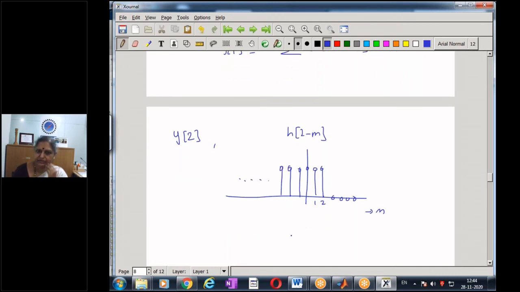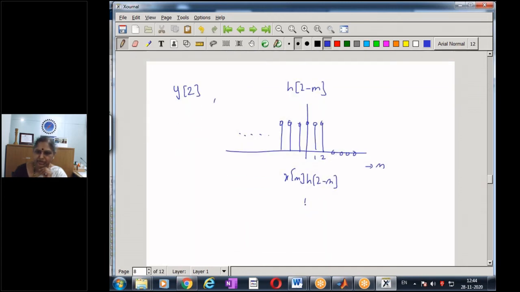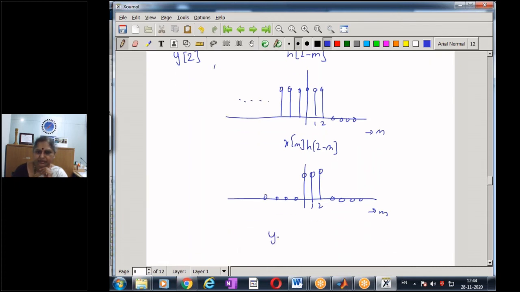If I now take the product x of m, h of 2 minus m, what does the product give me? The product gives me 3 non-zero values, and everything else is 0. Hence, we have y of 2 as the sum of x of m, h of 2 minus m, which is 1 plus 1 plus 1, and that is 3.